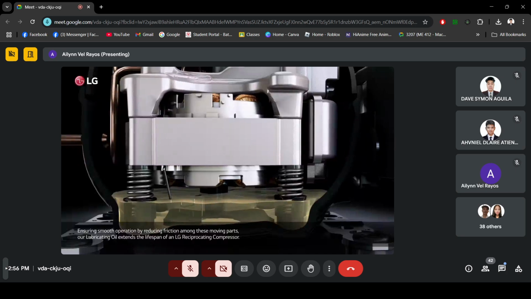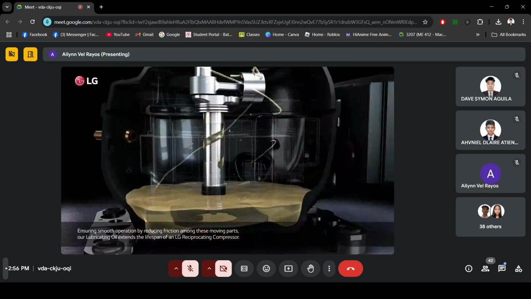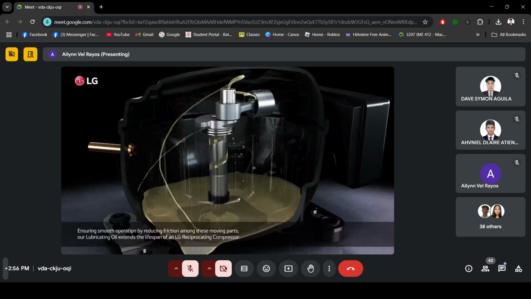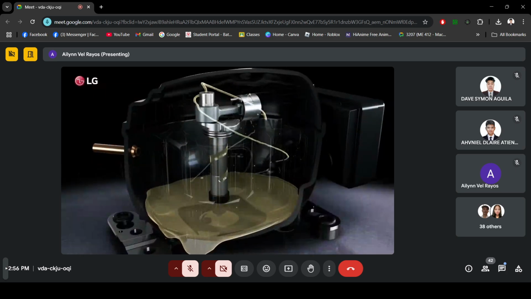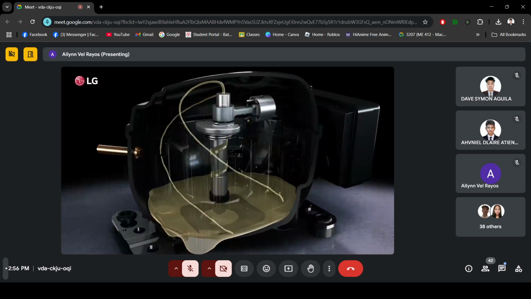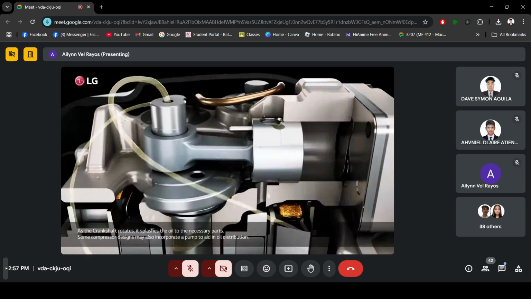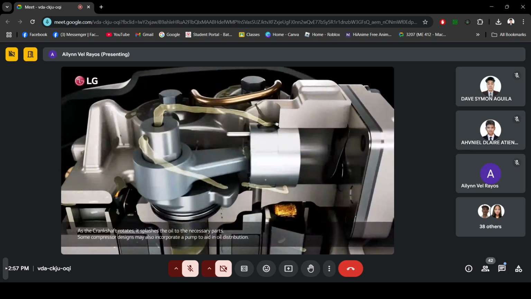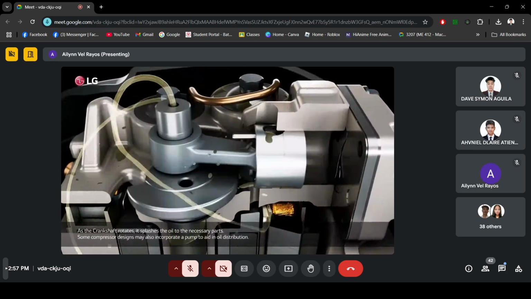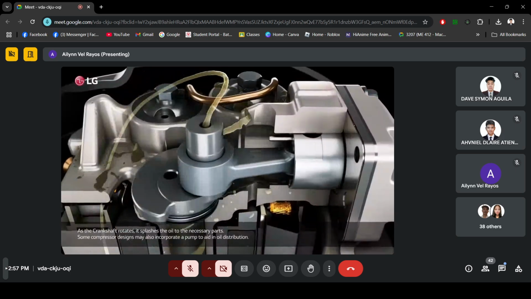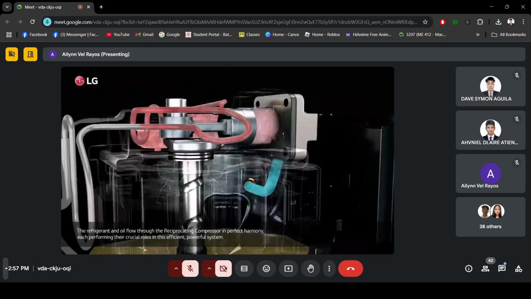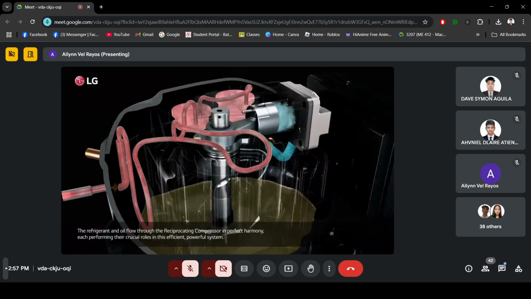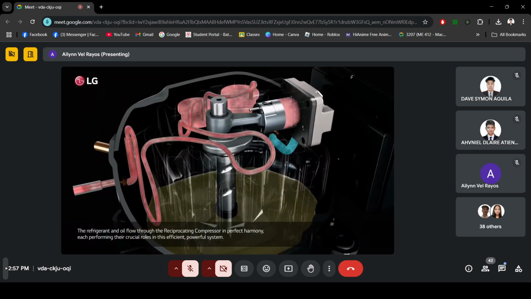Ensuring smooth operation by reducing friction among these moving parts, our lubricating oil extends the lifespan of the LG reciprocating compressor. As the crankshaft rotates, it splashes the oil to the necessary parts. Some compressor designs may also incorporate a pump to aid in oil distribution. The refrigerant and oil flow through the reciprocating compressor in perfect harmony, each performing their crucial roles in this efficient, powerful system.